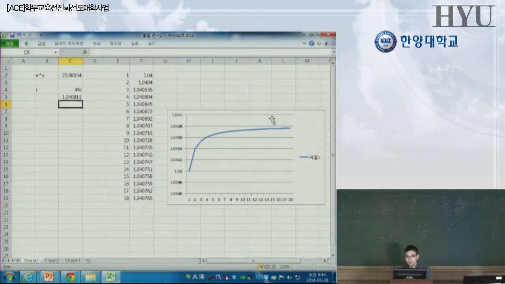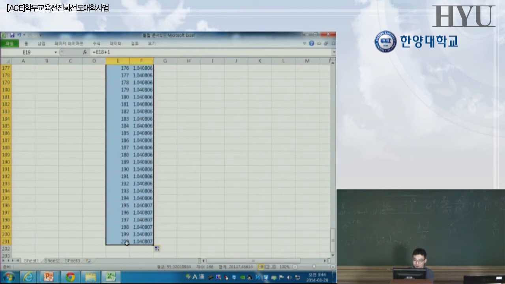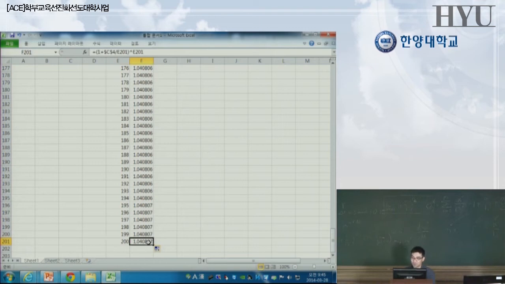So in this case, it is 18, so this number is already similar to this one, right? Even with 18 compounding, the number has already become similar. And if we go to 100, 200 times, the number is almost the same.